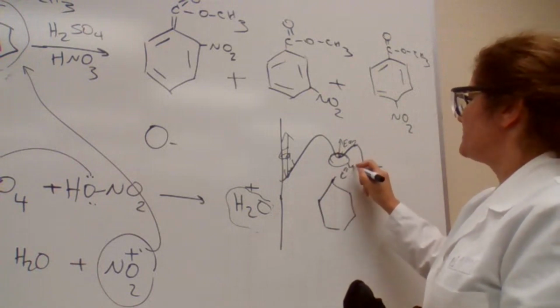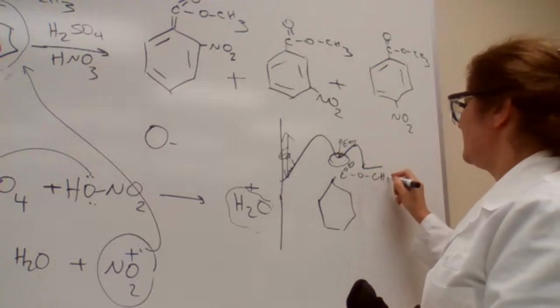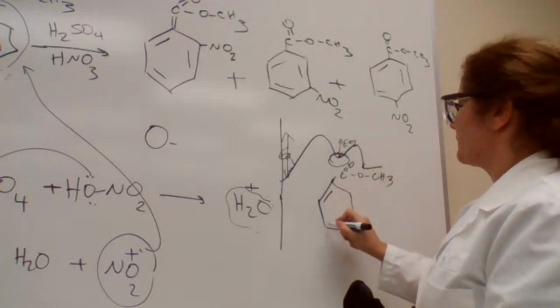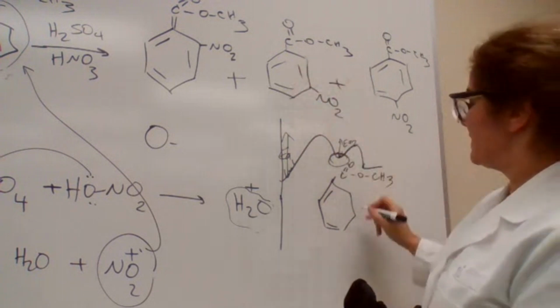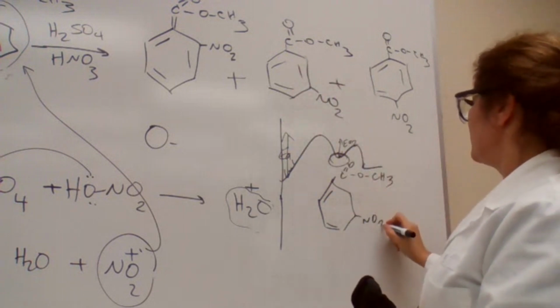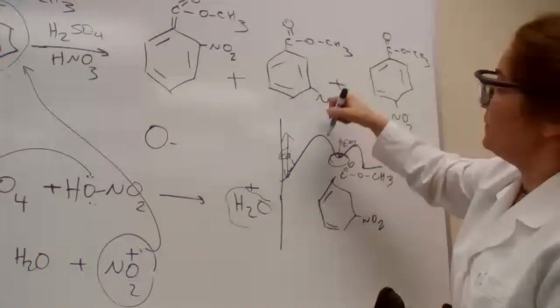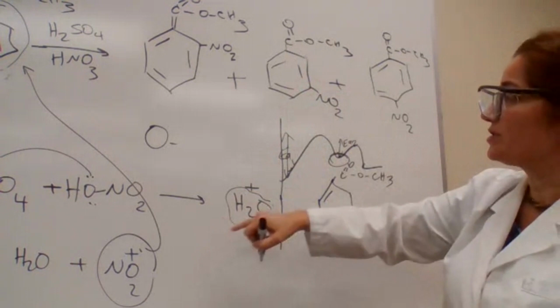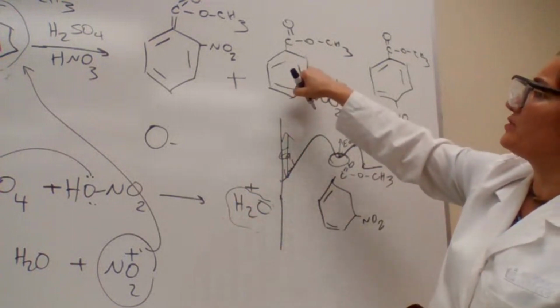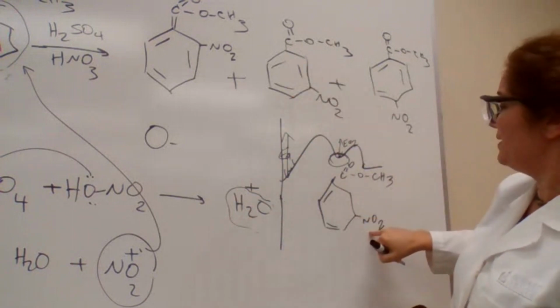Let's say you have COOCH3 here. So let's say NO2 goes to the meta position. NO2, because it doesn't bring any electrons, has a positive charge, and it is going to use a pair of electrons from the ring to form the new bond.